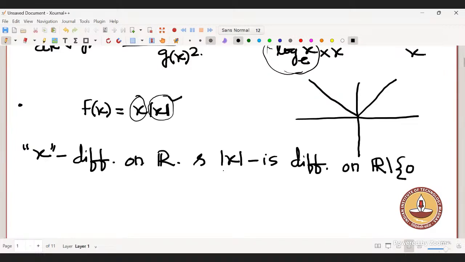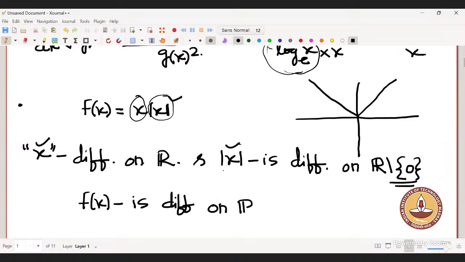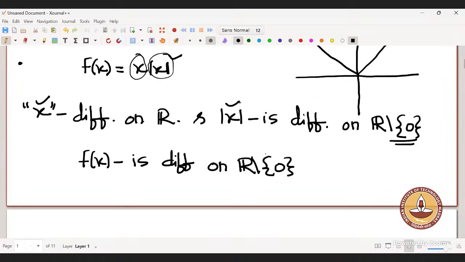So if I take the product of x and mod x, my function f of x is differentiable on R minus 0. So the only problematic point is 0, and I just need to check whether this function is differentiable at 0 or not, correct?